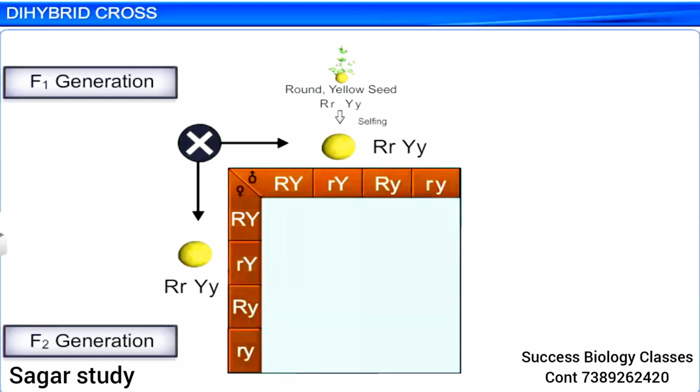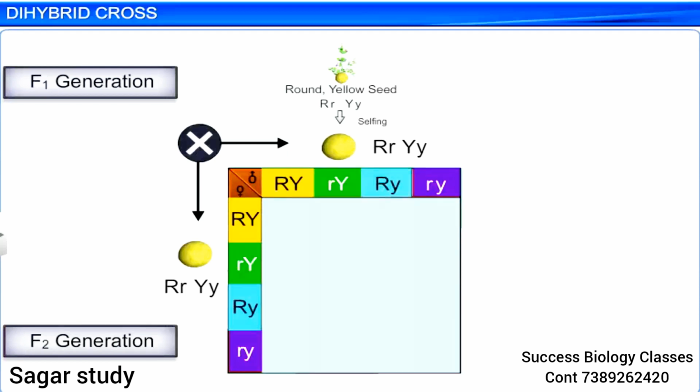Hence, 50% of the gametes bearing r has Y, and the remaining 50% has y. Similarly, 50% of the gametes bearing R has Y, and the remaining 50% has y.